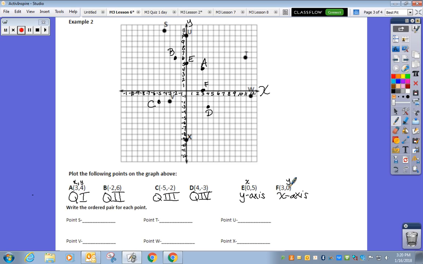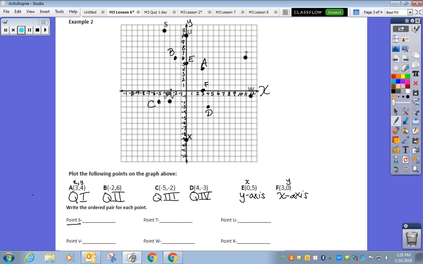For the next part, it wants us to take each point and write the ordered pair. So when this happens, I first locate the point. So point S is right here. Starting at the origin, I would move over until I'm either under or above the point, depending on where it's located. So I'm going to move over to here and see that that's at negative 4.